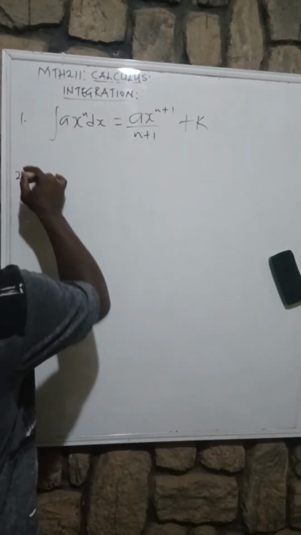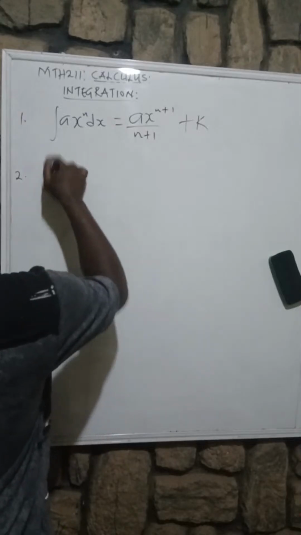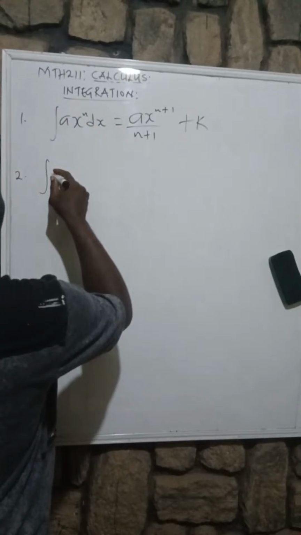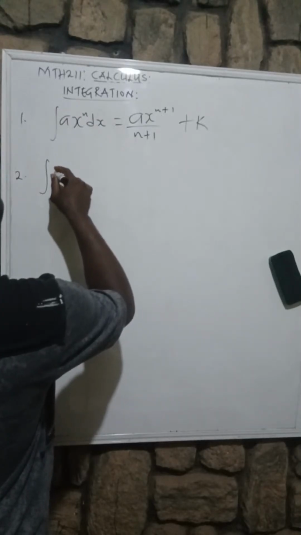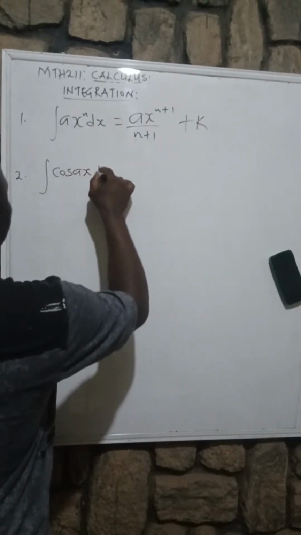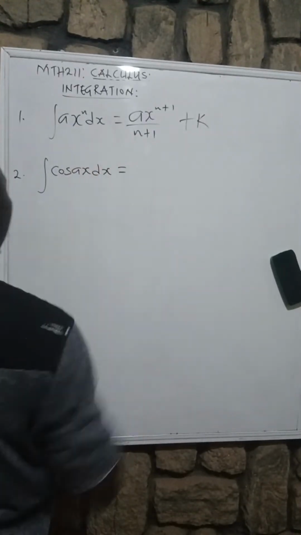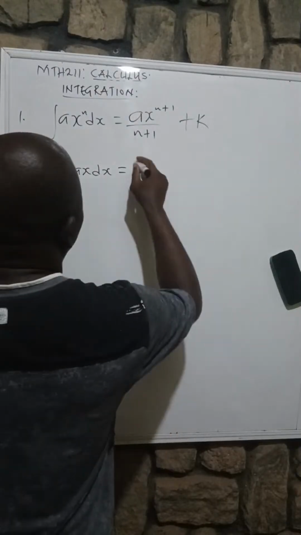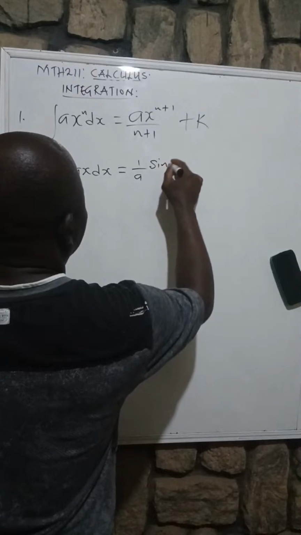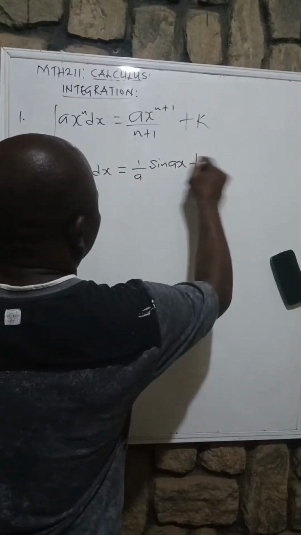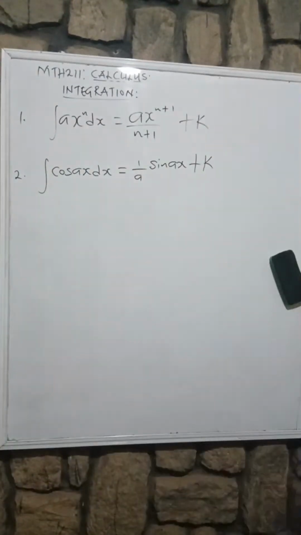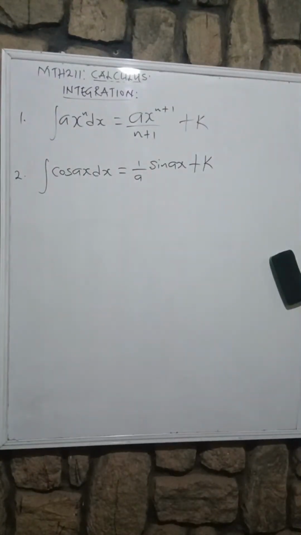Then 2, if you are asked to integrate cos ax dx, you are going to have 1 all over a sine ax plus any constant. Is that clear? Are you following?